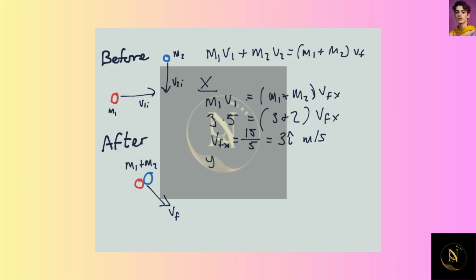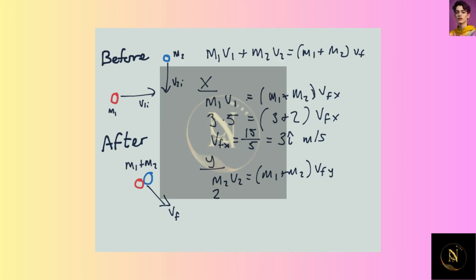Now, let's look at the y direction. We have something very similar here where mass 1 has no velocity initially in the y direction. So m2 v2 is equal to (m1 plus m2) multiplied by vf in the y direction.